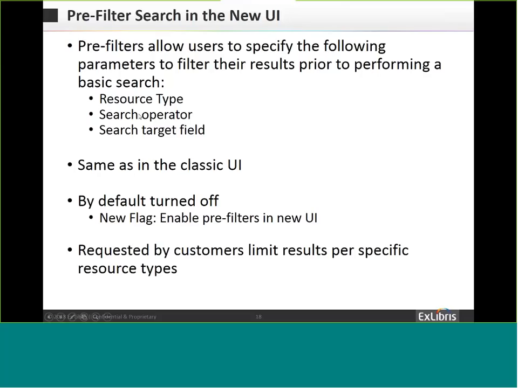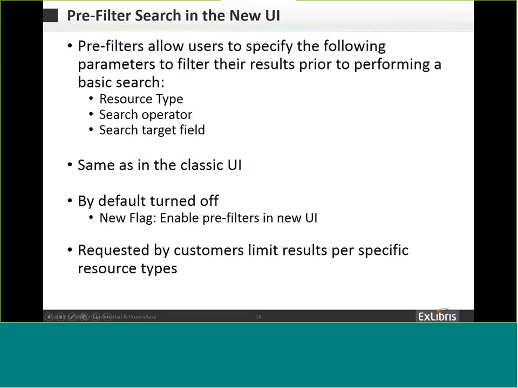There will be a new simple step below the search, with the ability to configure which resource type to search against and the search operator, and also specifically the search target, if I would like to search only on the title or on the author field.